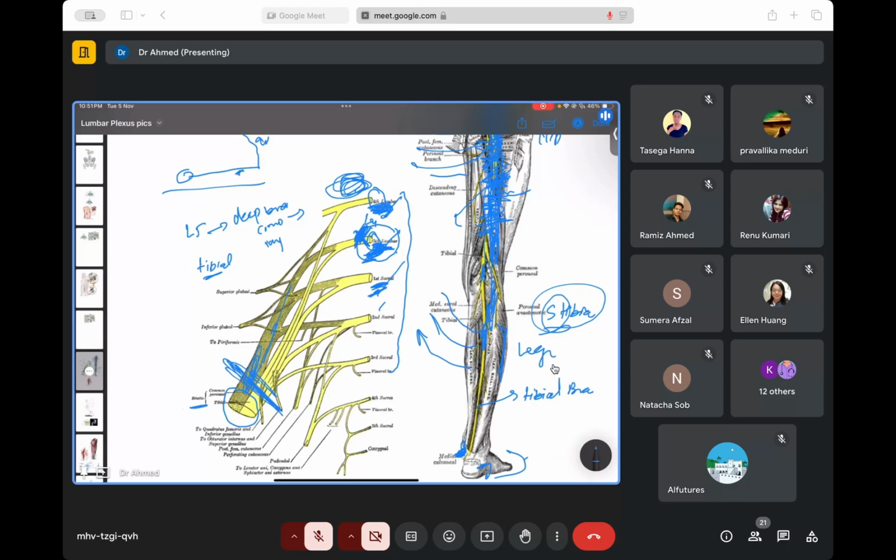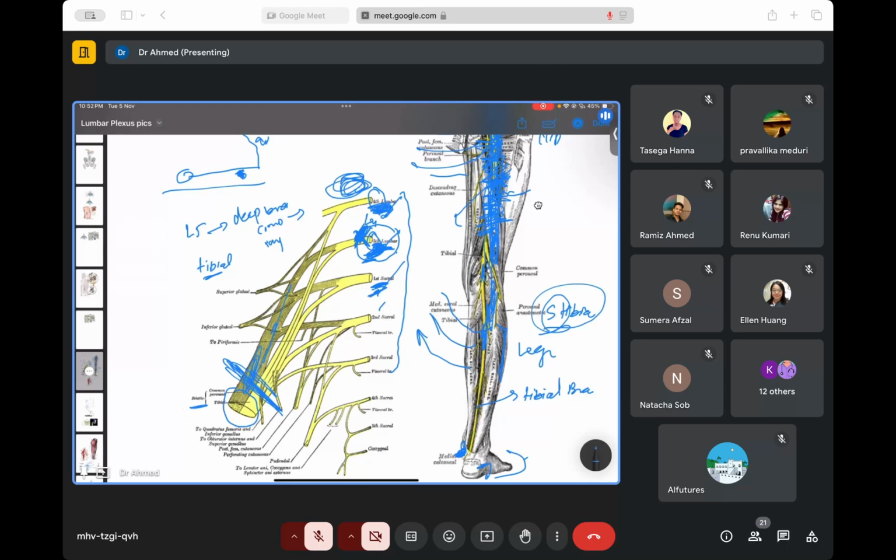So it means you are compressing upon the nerves inside your lumbar region. If someone has radiculopathy, you will be seeing worsening pain, right? So the leg raise test is basically used in order to check the pain due to radiculopathy.